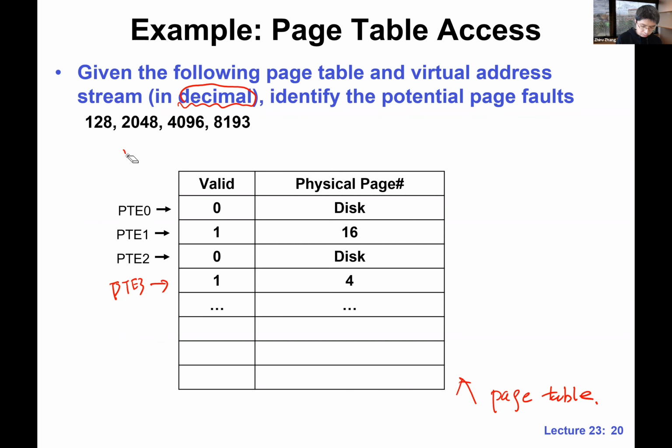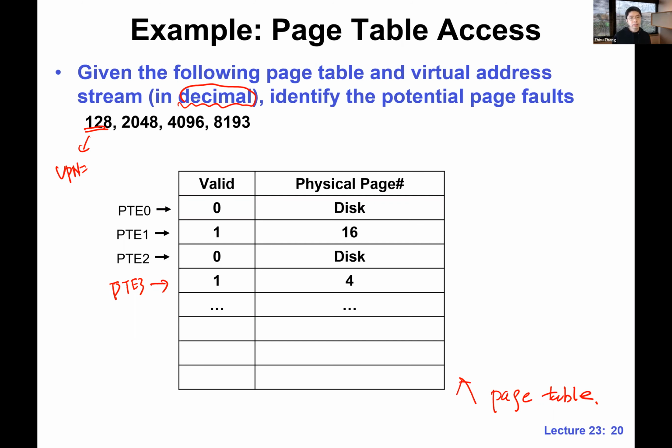Before I ask you guys to do the quiz, the quiz is very much similar. So if you don't understand this problem, make sure that you ask. So this is the virtual address. Can you tell me what is the VPN?